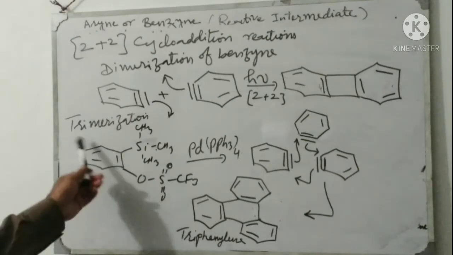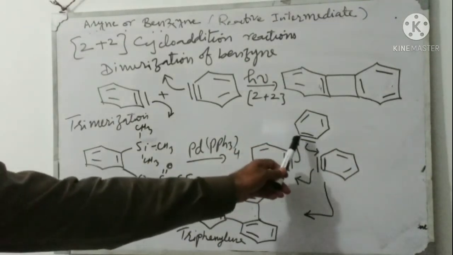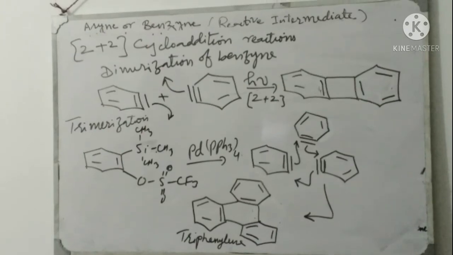So this starting material produces benzyne like this, and then this benzyne undergoes 2+2 cycloaddition to form this polyaromatic hydrocarbon triphenylene. So this is the trimerization reaction of benzyne in the presence of a transition metal.